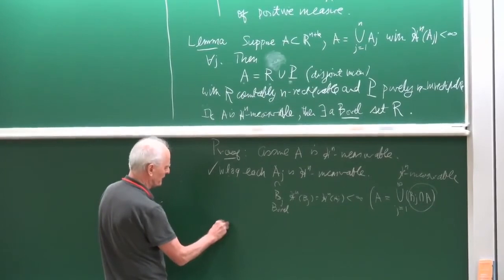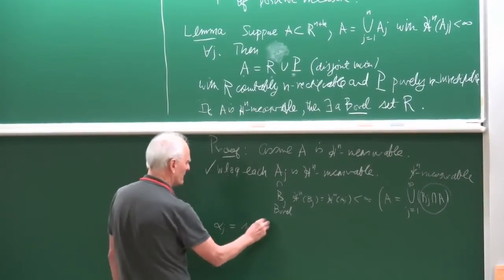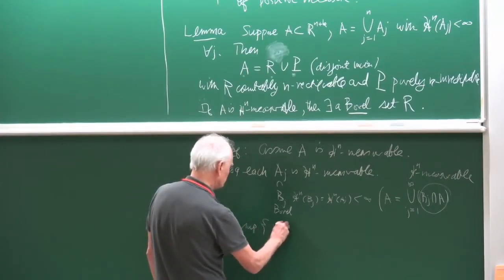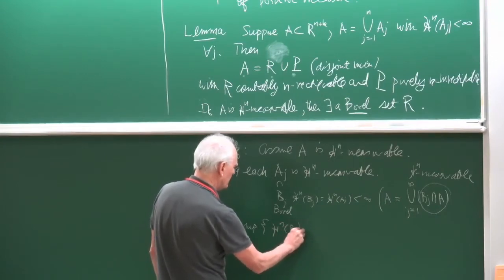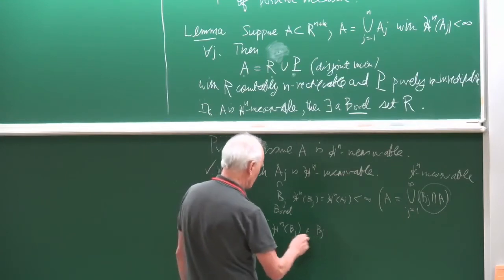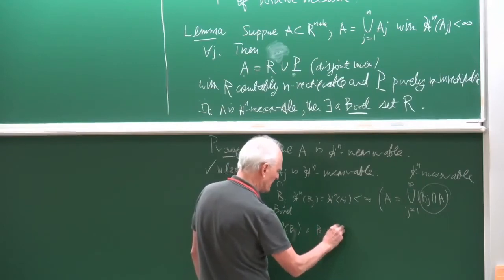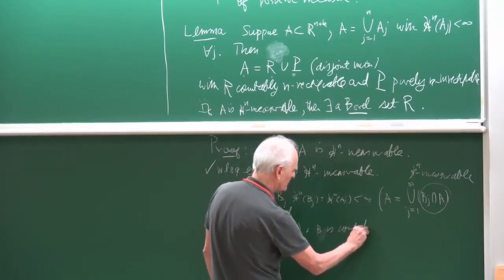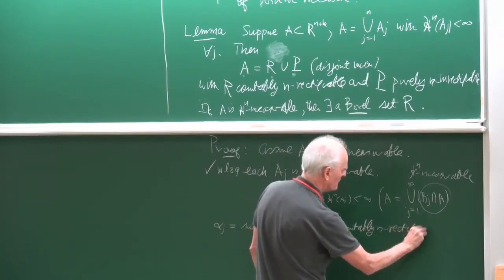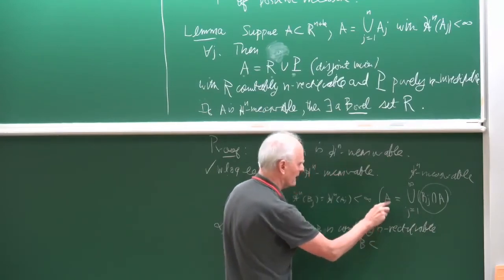You let alpha_j be the sup of the set of H^n(B) such that B is countably n-rectifiable and B is contained in A_j.